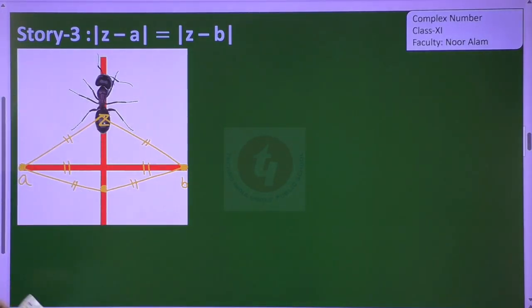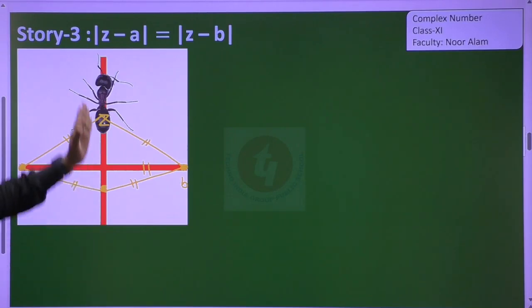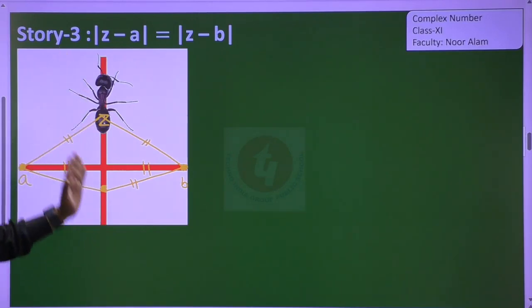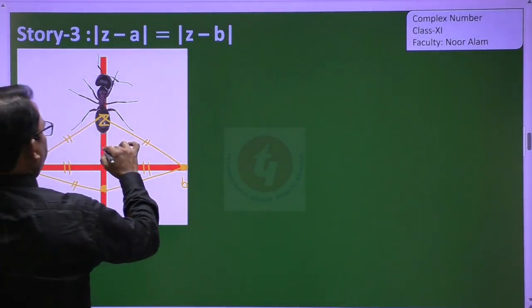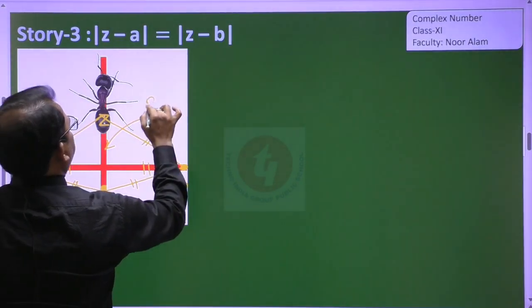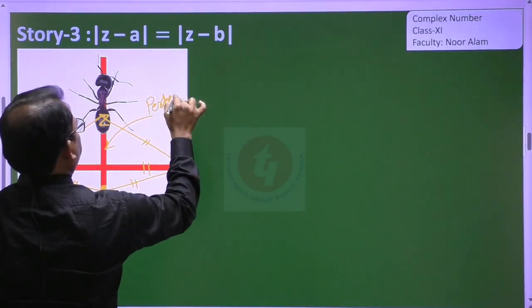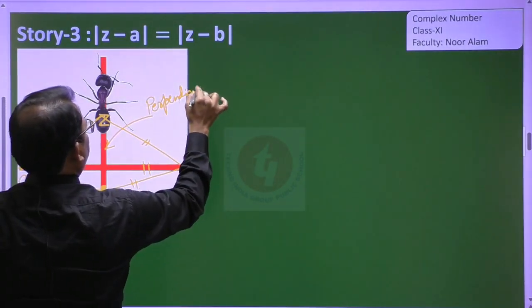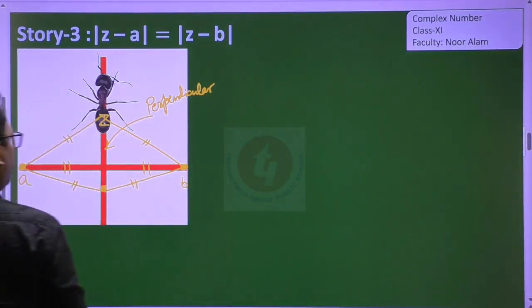So that means when the ant is moving along the perpendicular bisector of the segment joining a and b, then every time this ant is equidistant from a and b. So its locus is the perpendicular bisector of the points joining a and b.